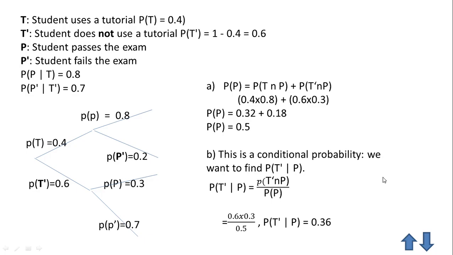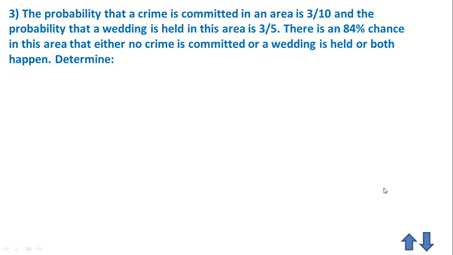So we can see another number without taking much time. This is 3. The probability that a crime is committed in an area is 3 out of 10. And the probability that a wedding is held in this area is 3 out of 5.